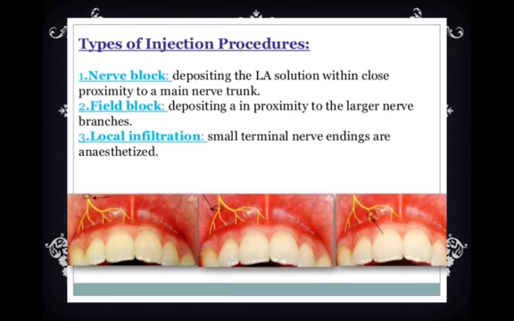A field block is closer to the incision but does not include the incision site, so it is slightly more distal, and despite also being rapid acting, it can distort the surface anatomy. And last, we have local infiltration, or what surgeons call local, and this involves anesthesia directly on the incision site and targets the small terminal nerve endings.